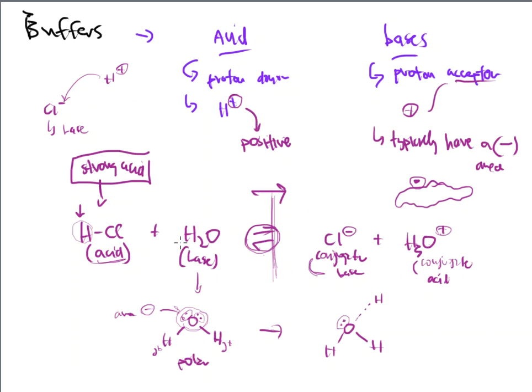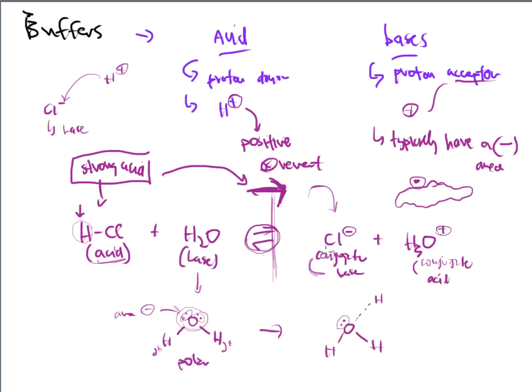But this is a strong acid, and strong acids and strong bases lead us to a one-directional arrow, meaning that this reaction cannot revert back on itself. So when it forms the products, these products are formed and never revert back to the starting reagents.